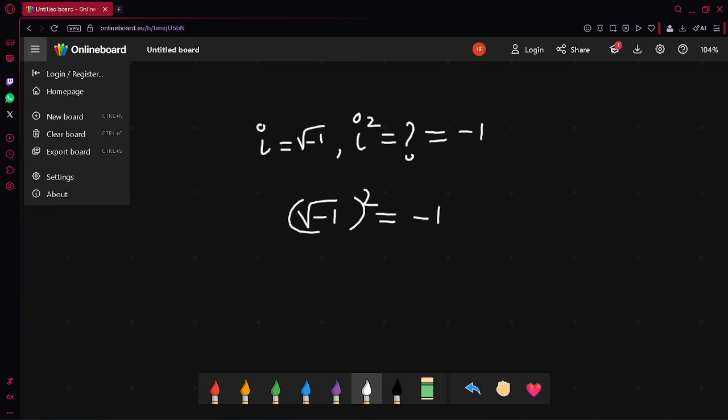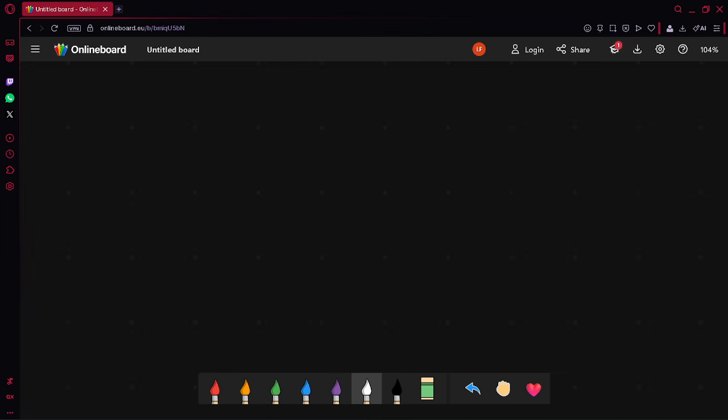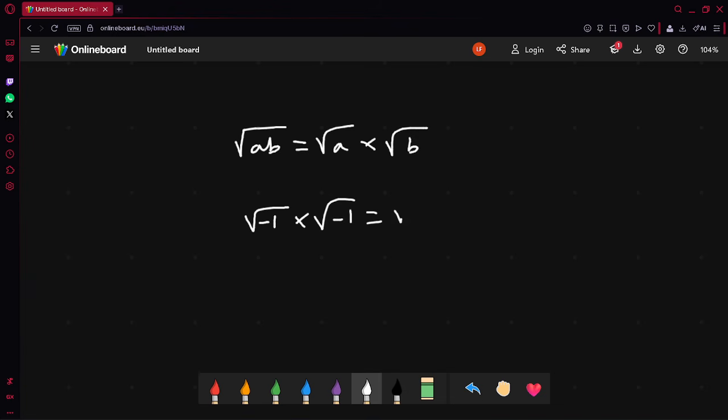But some people may have an argument saying, if the square root of A times B equals the square root of A times the square root of B, then the square root of negative 1 times the square root of negative 1 should be equal to the square root of negative 1 times negative 1, which is positive 1.